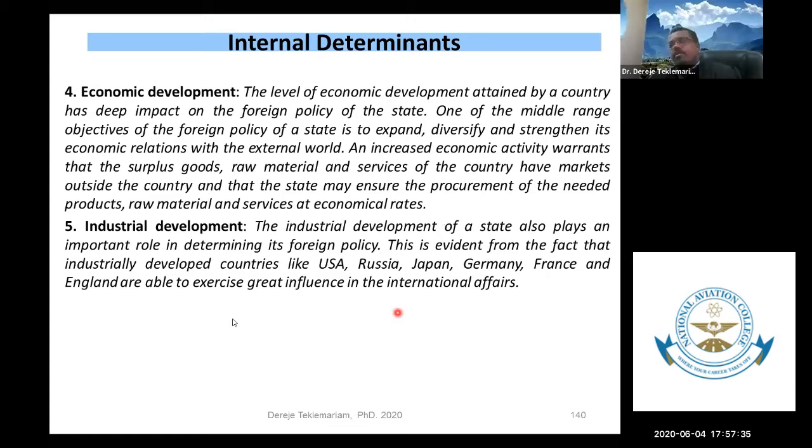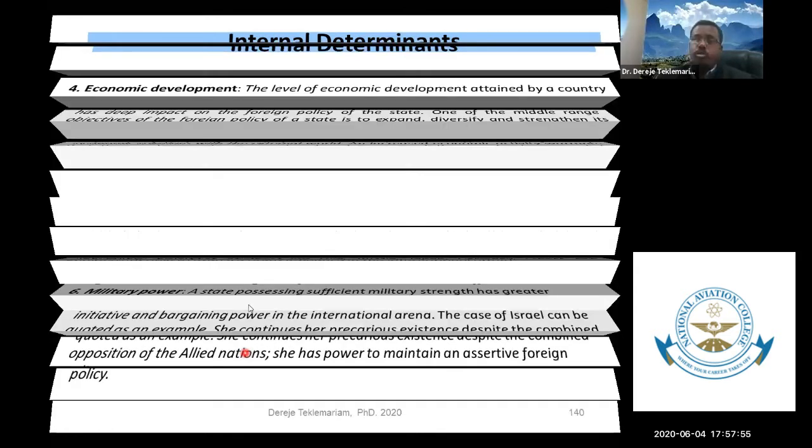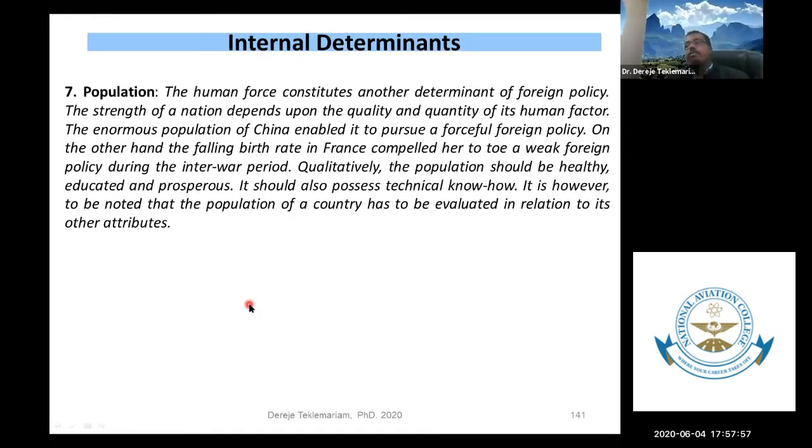A state possessing sufficient military strength has greater bargaining power or initiative in the international arena so that it can have a better position, especially if it has some allies or some group that can accept its dominance in terms of military. Even population really plays a great role, not only the number, but also how resourceful that population is, generally calculated from the human capital perspective.